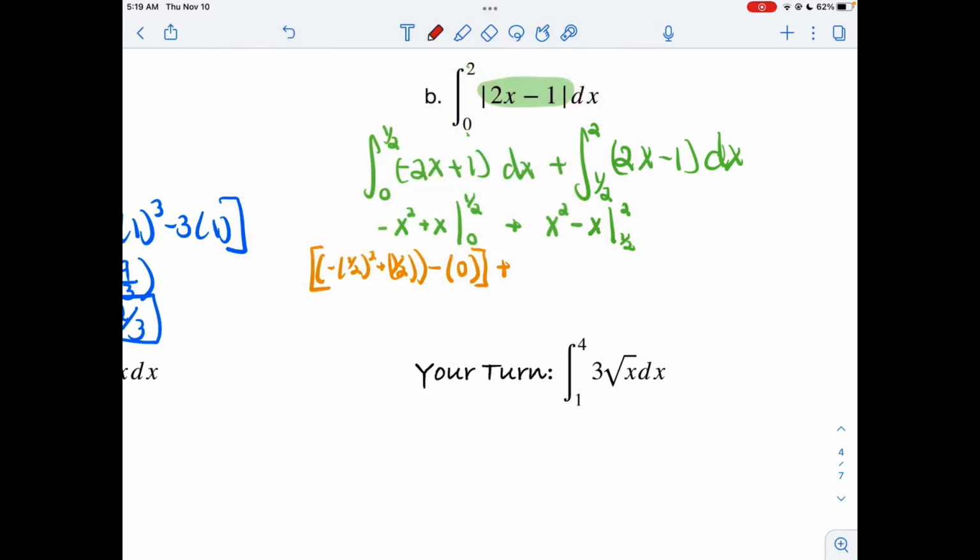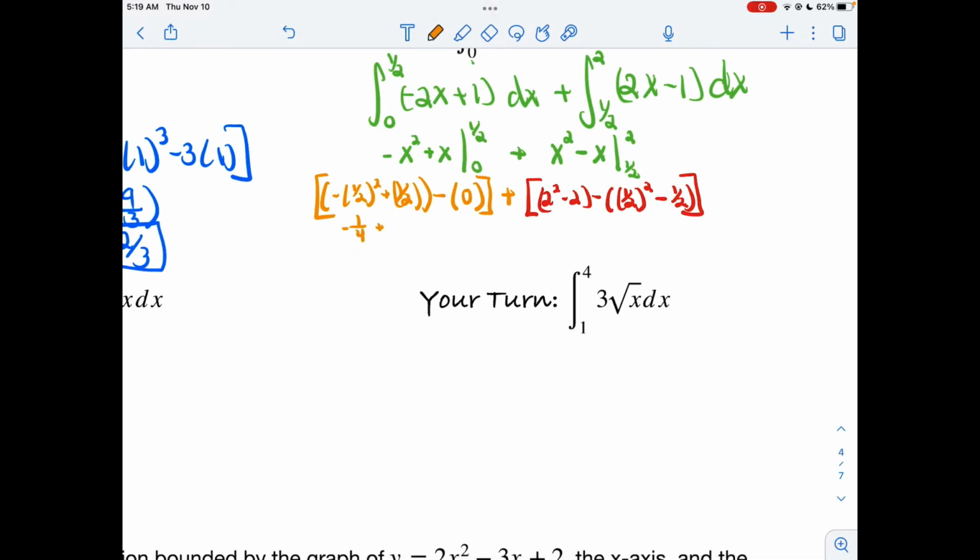Now plus, again, I'm going to evaluate the upper bound of 2, so replace every x with 2, minus replacing every x with 1/2. Simplifying this down, plus 2 squared is 4 minus 2, minus 1/4 plus 1/2.